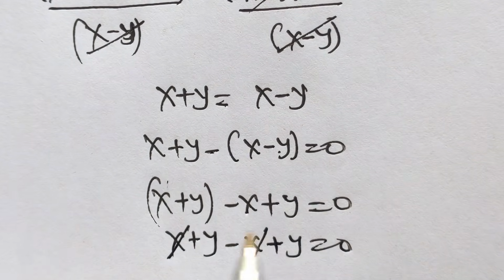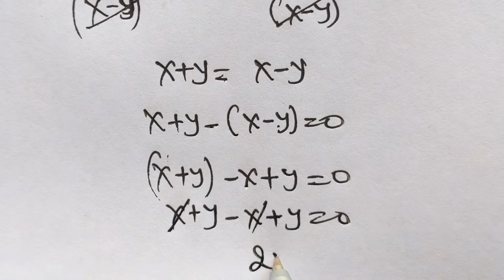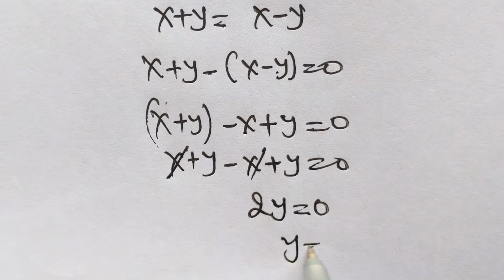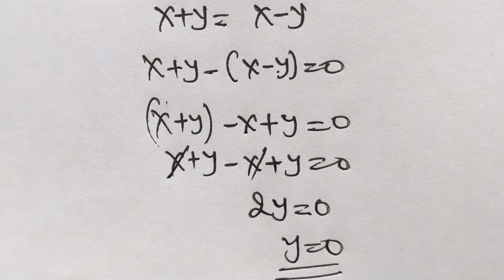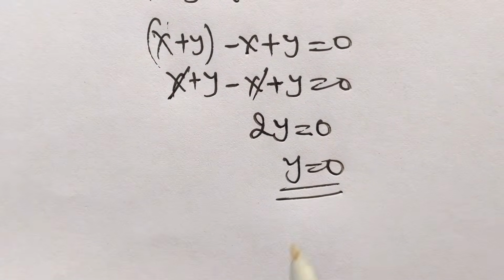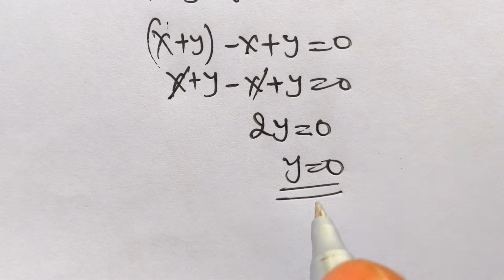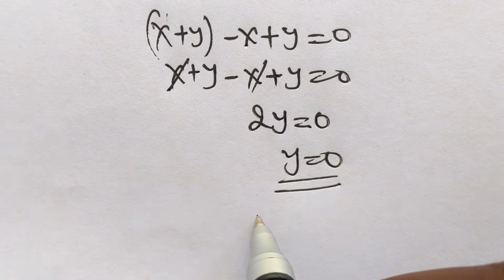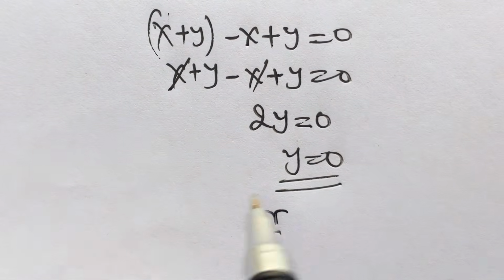This and this will be cancelled to get 2y is equal to 0, and of course y will be 0. When you use this formula, you get only a single equation, so you have to use another one.